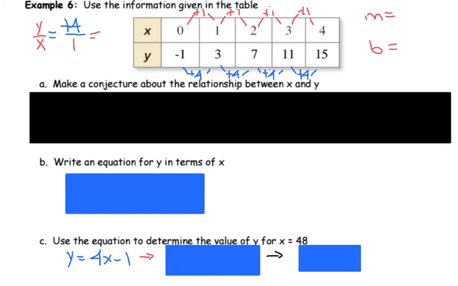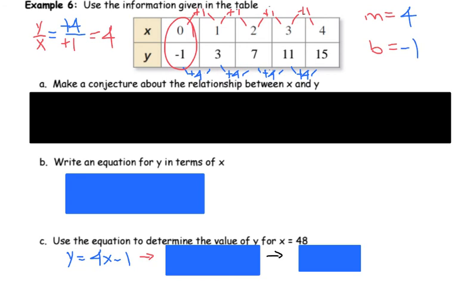So my slope, 4 divided by 1, is basically just 4. So I know that my slope is 4. Hopefully you all recall that the y-intercept is when your x value is 0, which is actually given to us in this table. So you automatically know your y-intercept is -1.